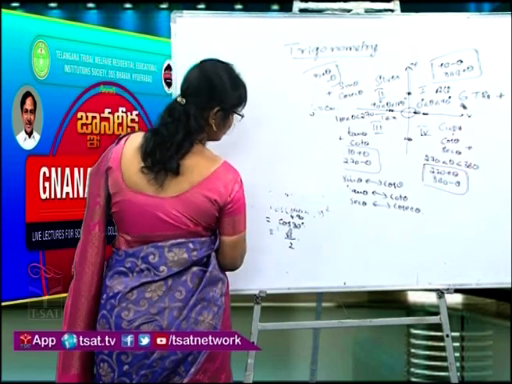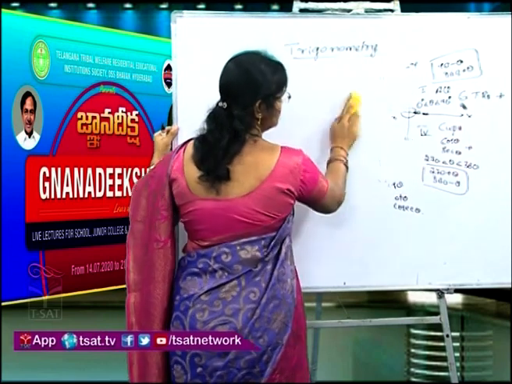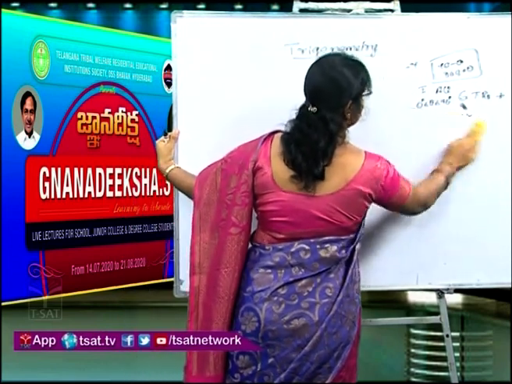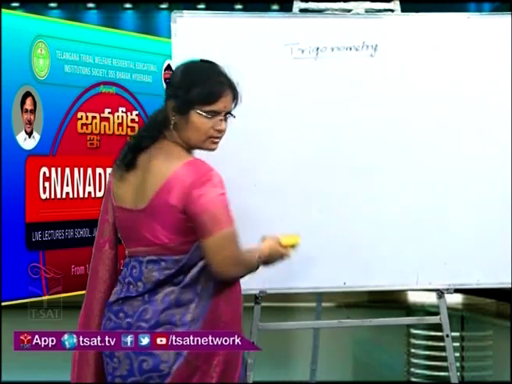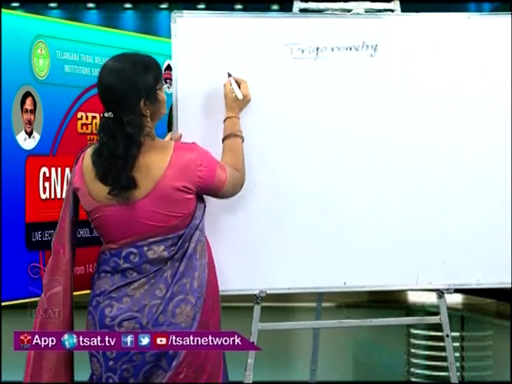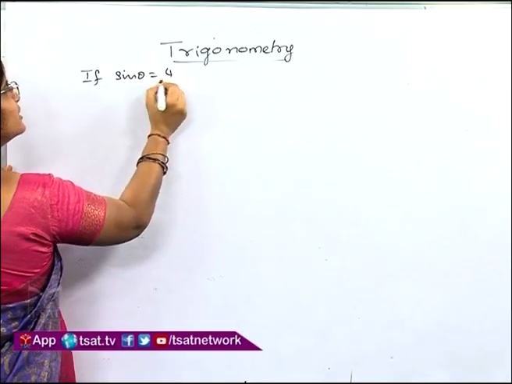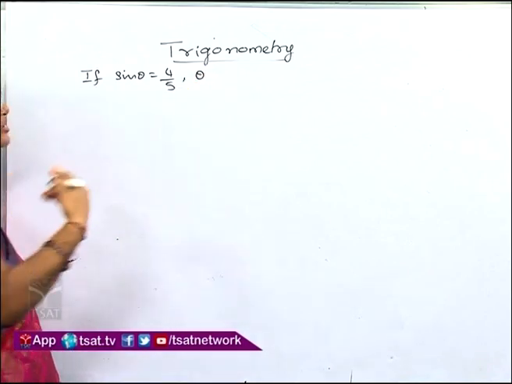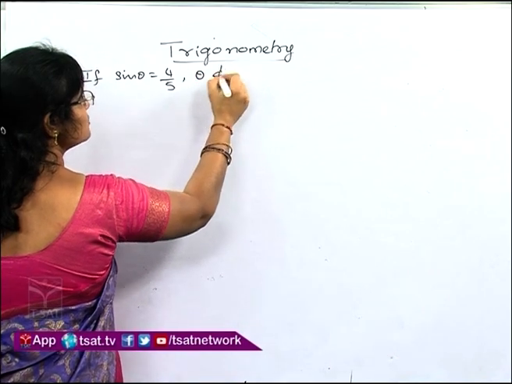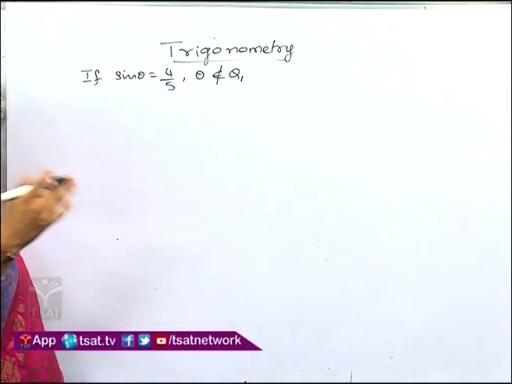Here one more problem I want to show you. Now if sin theta equals 4 by 5 and theta is not in the first quadrant, I am writing in shortcut, quadrant is denoted by Q1, Q2, Q3, Q4.